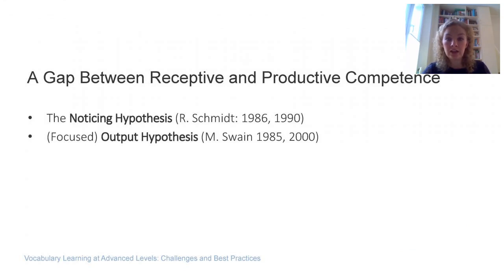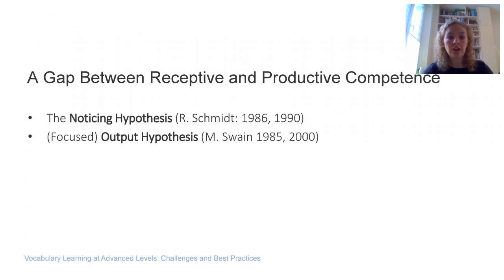There are two other hypotheses that came up later and that help us to see how we can bridge this gap between passive and active knowledge. These two hypotheses are the noticing hypothesis and the output hypothesis. And now we're going to talk about it a bit more.